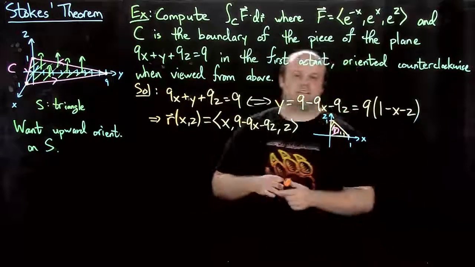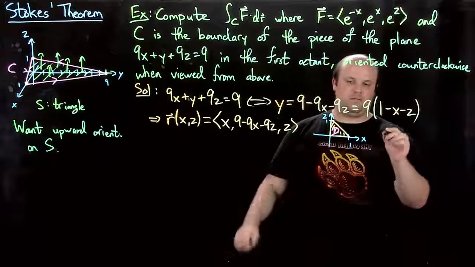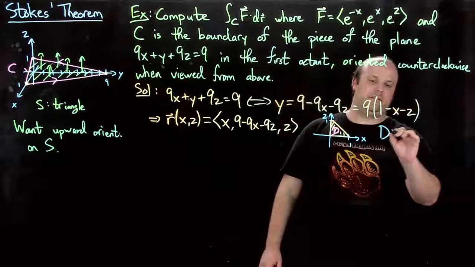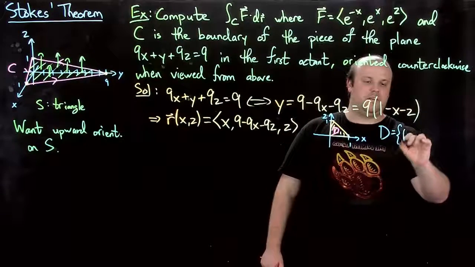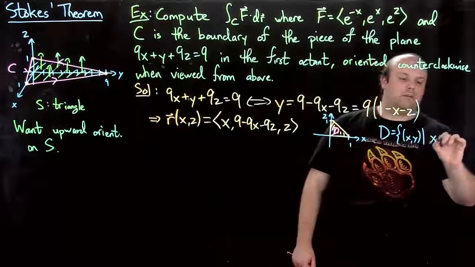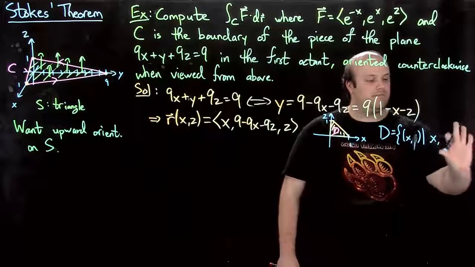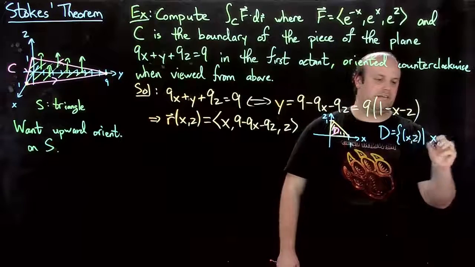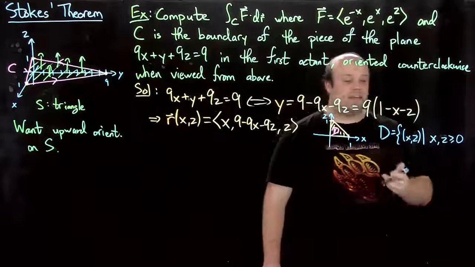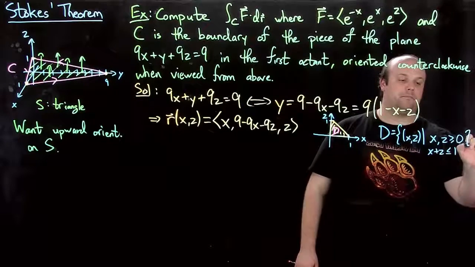In set notation, the domain is the set of x, z, sorry, not x, y, where both x and z are non-negative and x plus z is less than or equal to 1.